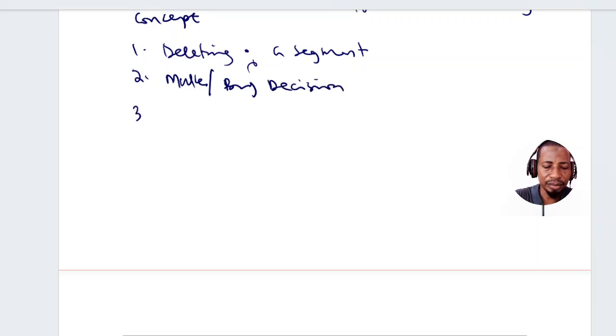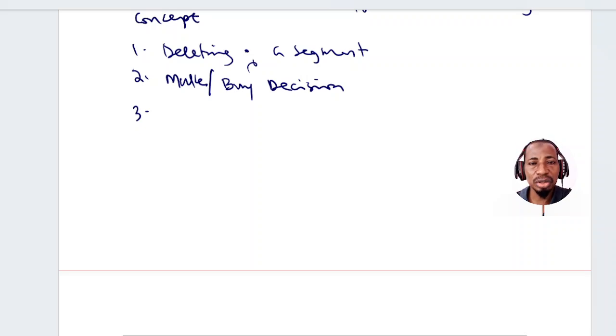Number 3, under make or buy decision, oftentimes management may be contemplating whether a particular raw material, sub-assembly, or component required for manufacturing the company's final product should be produced internally or contracted to an outside supplier.